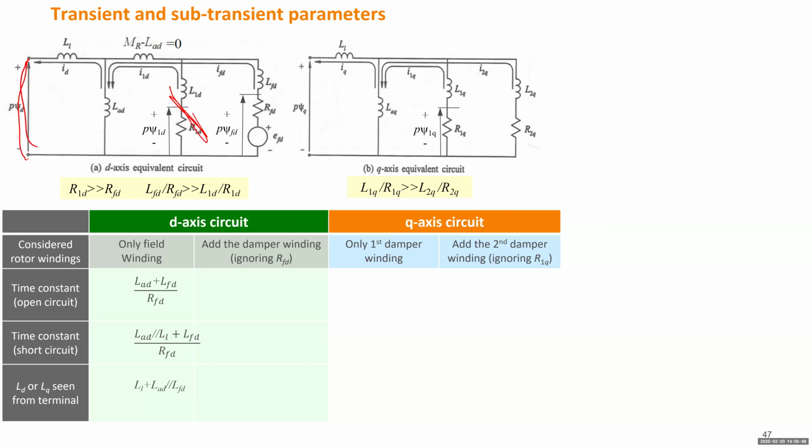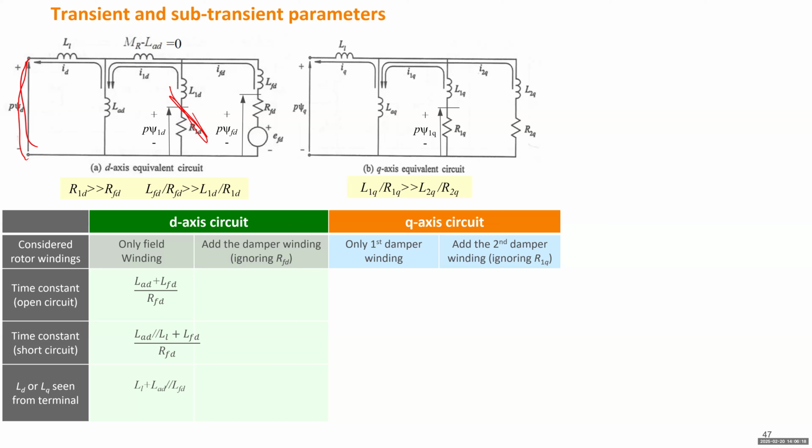Still RFD, right? What is the total L? First, this is L connected directly with R, but it will go through two branches, first LL and the other LAD. So the total L will be LFD plus LL in parallel with LAD, which will be this one.